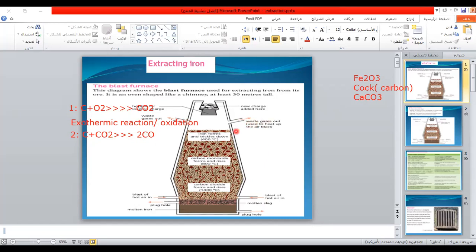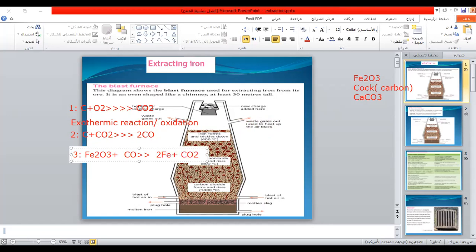Here, at the top of the blast furnace, iron oxide will react with carbon monoxide.